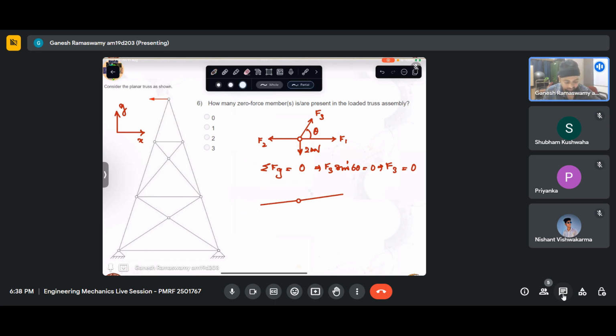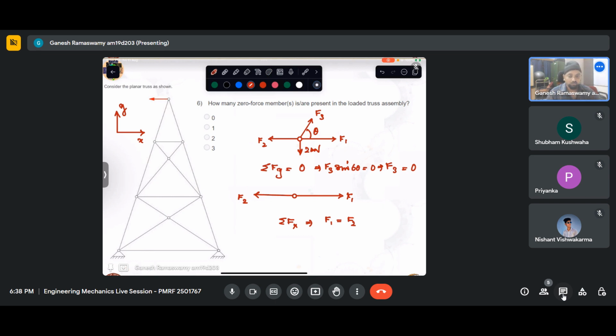All I can conclude, if I call this F2, and I call this F1, let us say, and rotate this a little so that it appears in the x direction, is this: if I take sigma Fx, it only gives me F1 equal to F2. It does not say anything about either one being 0.